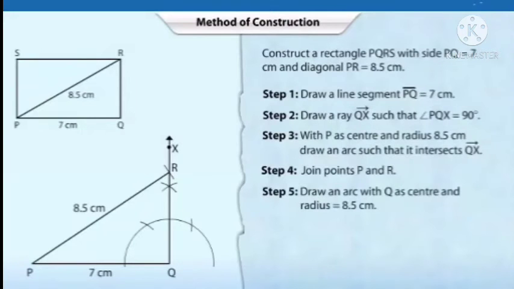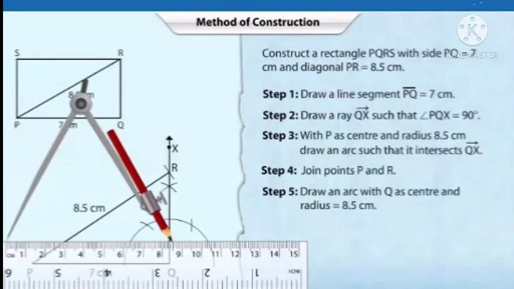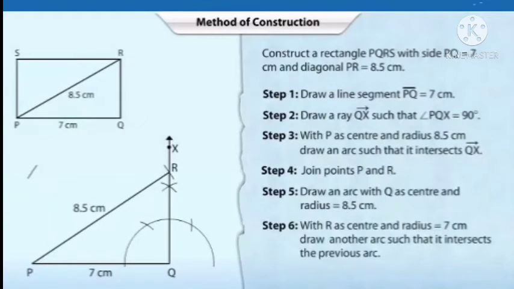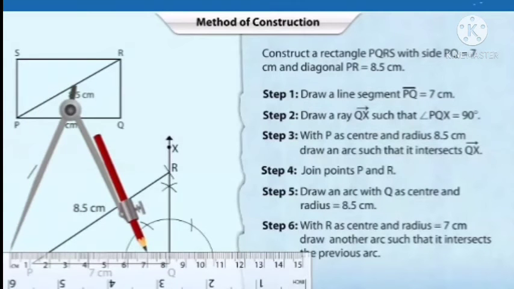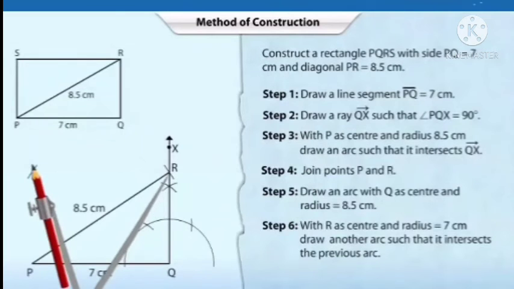Here we draw an arc with Q as center and radius 8.5 cm. At last, take the radius 7 cm and draw another arc such that it intersects the previous arc.